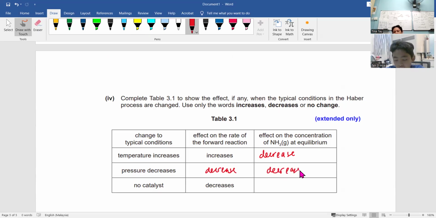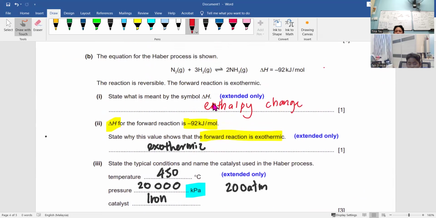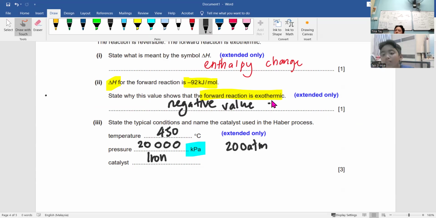No change. Do you understand? Oh, sorry, this one, they're asking you why it shows it's exothermic. So it's because it's a negative value. Because it's a negative value, it shows that it's exothermic.